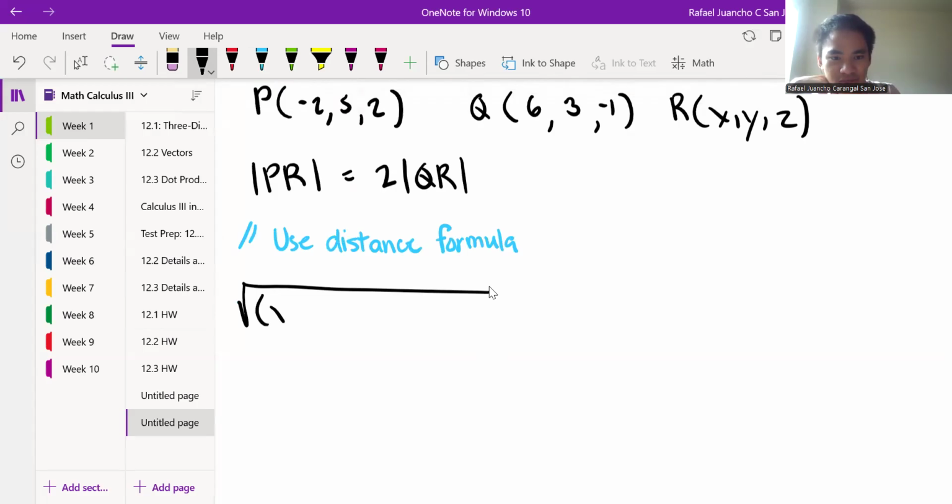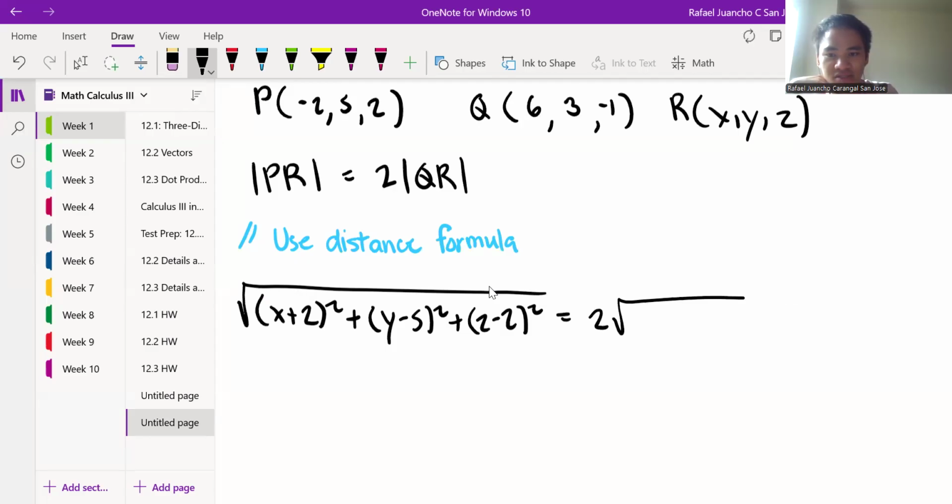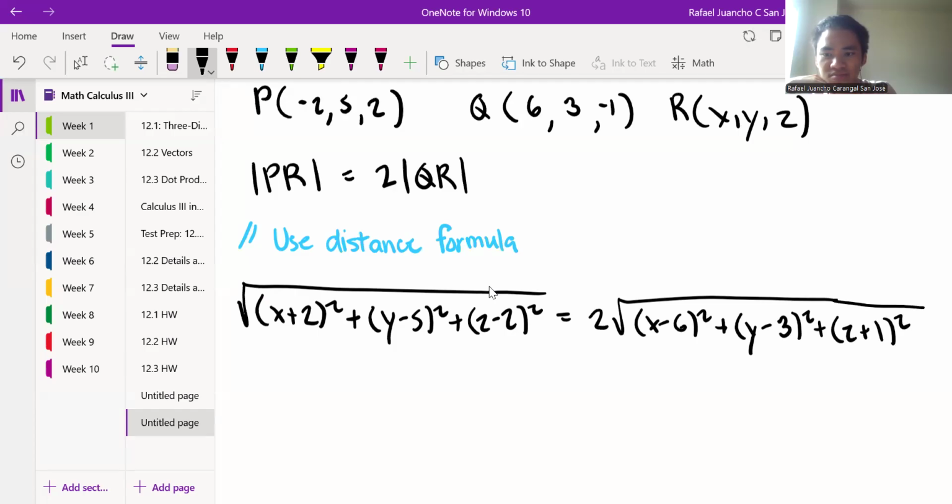So that's going to be the square root of x plus 2 squared, y minus 5 squared, z minus 2 squared, which is equal to twice the distance of QR. So x minus 6 squared, y minus 3 squared, z plus 1 squared, right?